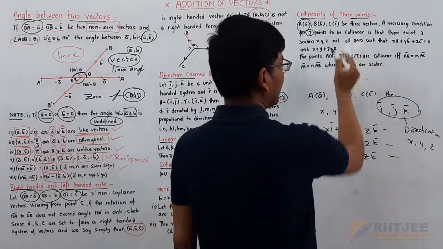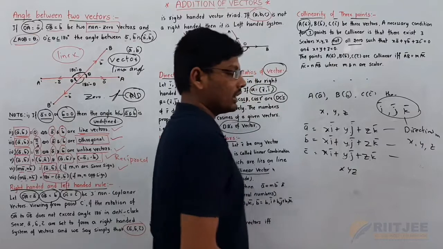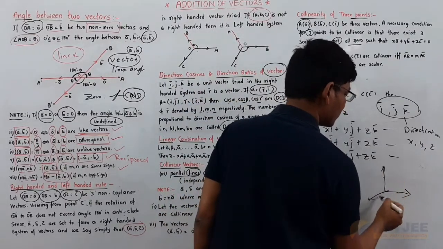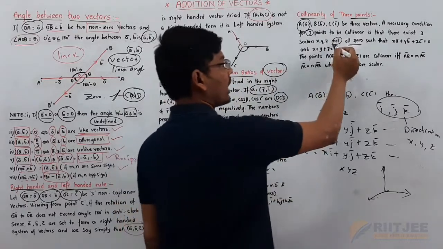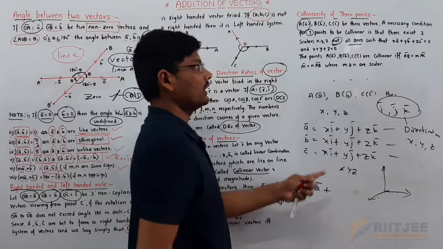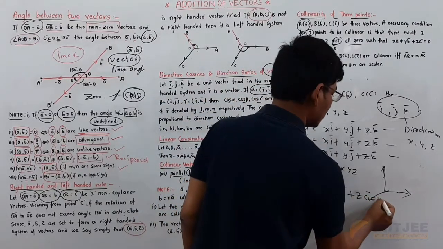Now x, y, z are not all zeros. Why? Because they are at some distance on the x axis, y axis, z axis. So that's why they are not all zeros, such that x a bar plus y b bar plus z c bar is equal to 0.